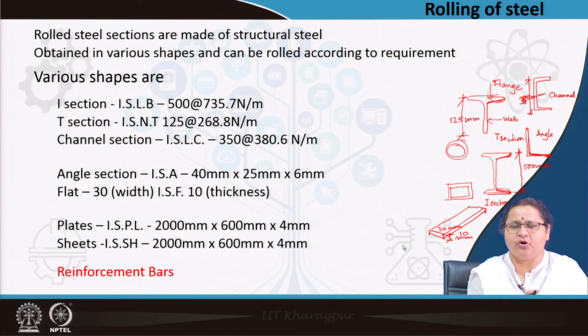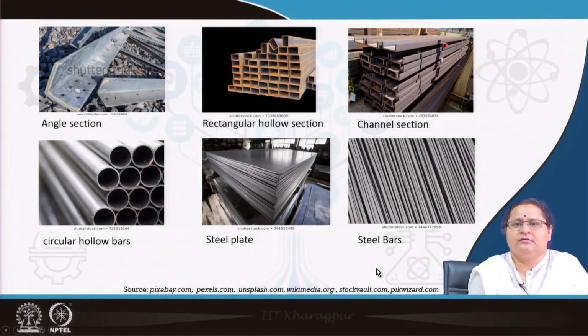When we covered concrete, we understood reinforced concrete, where reinforcement was embedded inside concrete to take care of the tensile forces which a structure would experience, because concrete was good in compression and not good in tension. We will cover reinforcement bars in a later lecture, but now we will carry on further with the rolled steel.